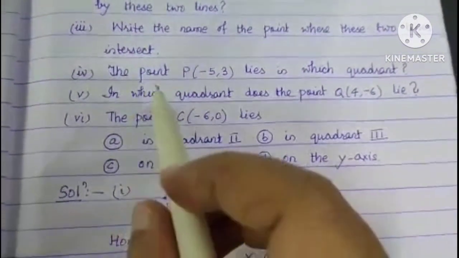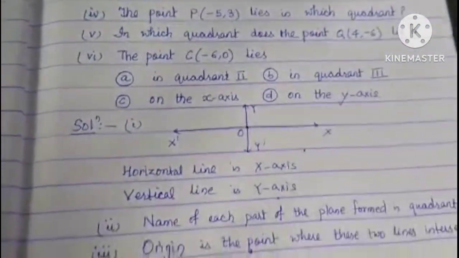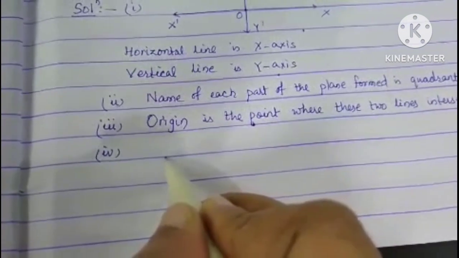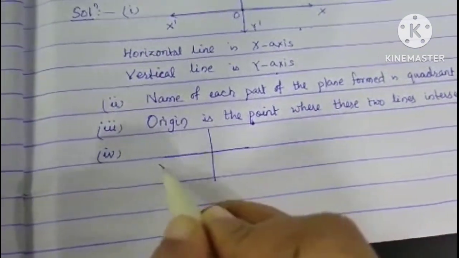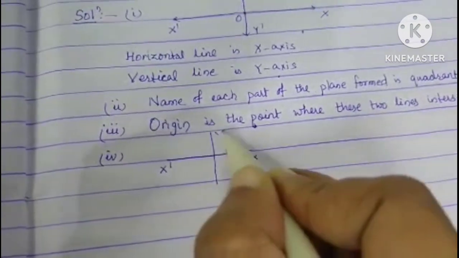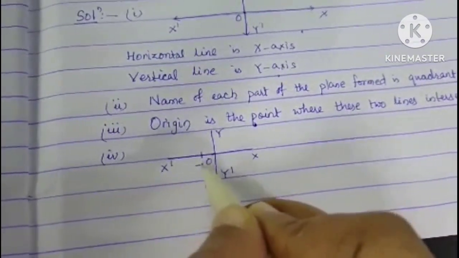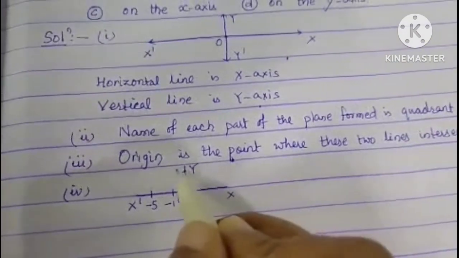Now let us come to question number 4. The point P minus 5, 3 lies in which quadrant? First of all we have to understand where this minus 5, 3 will be. So this will be x dash x, y and y dash. This is the origin. Let us suppose this is minus 5 and this is 3.